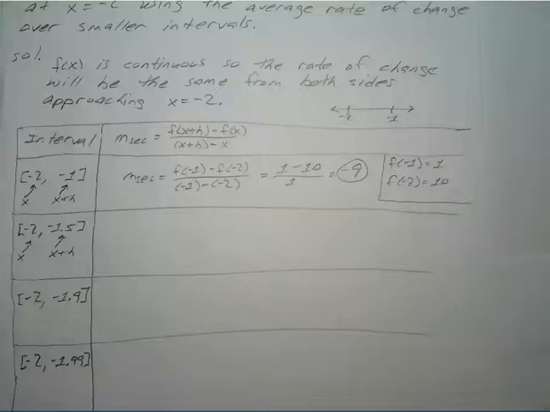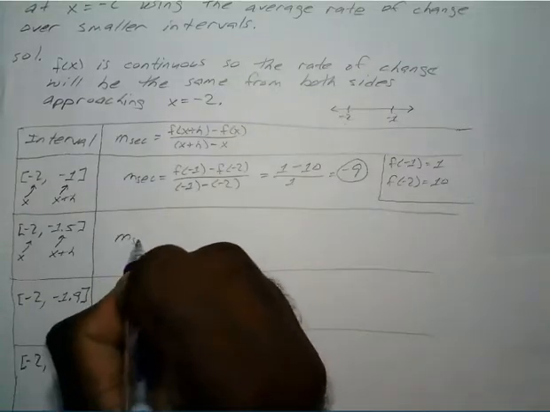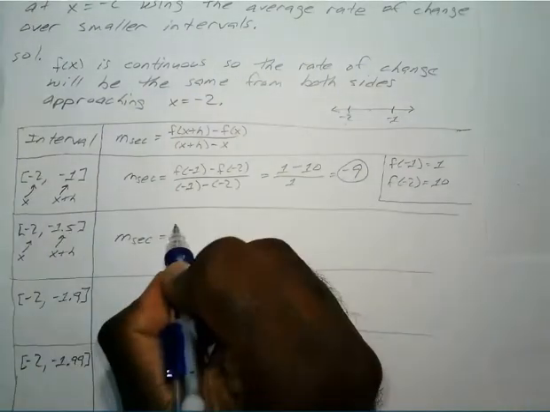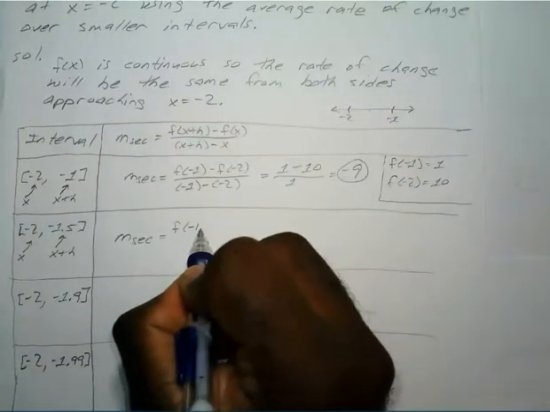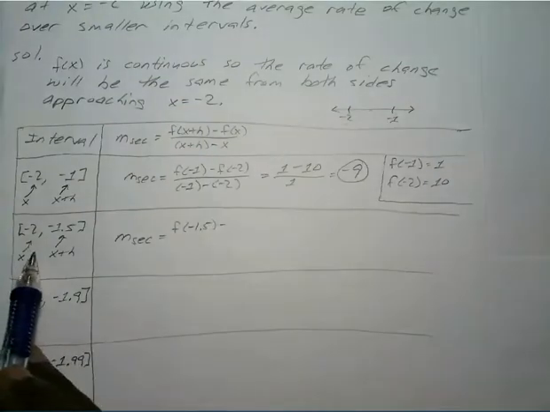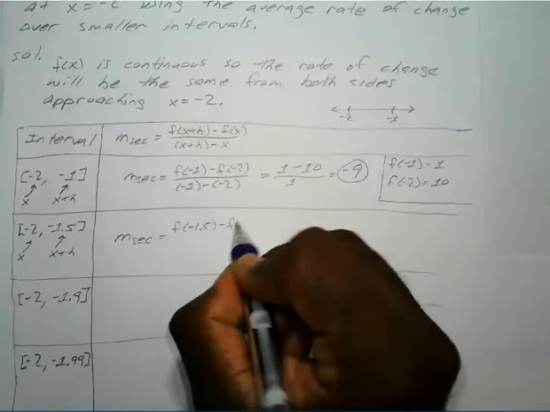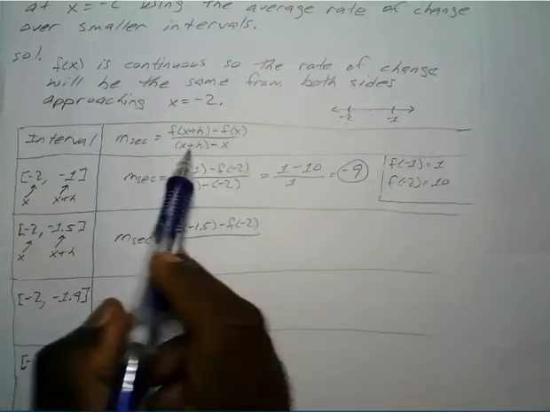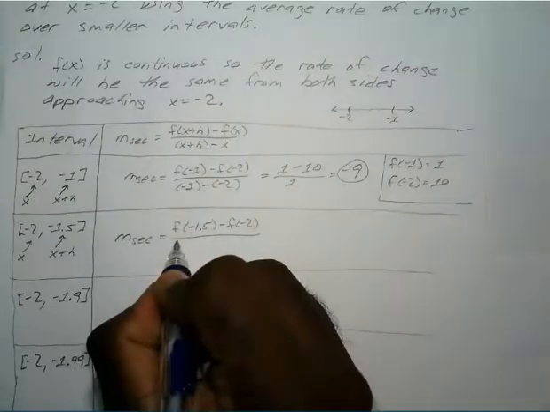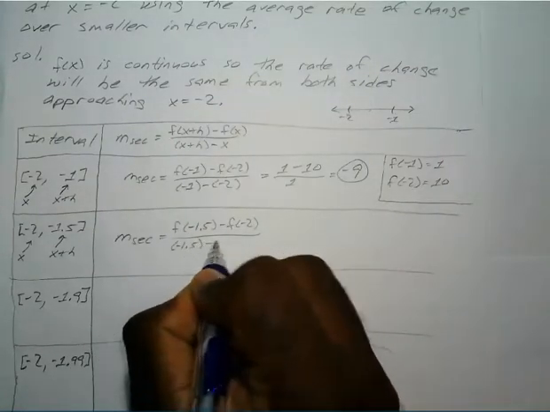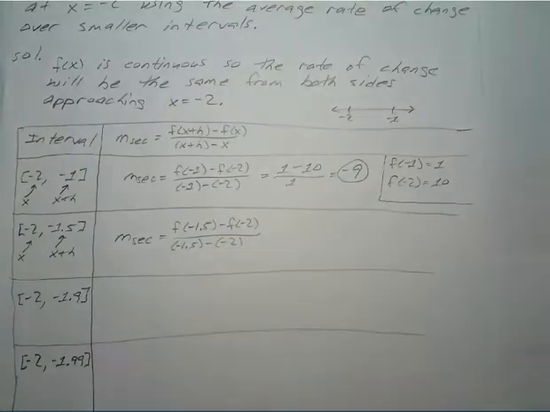Okay, so hopefully you're starting to see the pattern of what we're doing here. Okay, so your slope, f of x plus h, is f of negative 1.5 minus f of x, which is f of negative 2, all over x plus h minus x. So that's negative 1.5 minus negative 2.